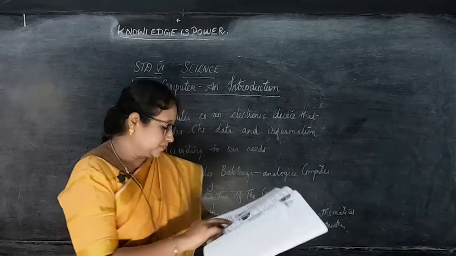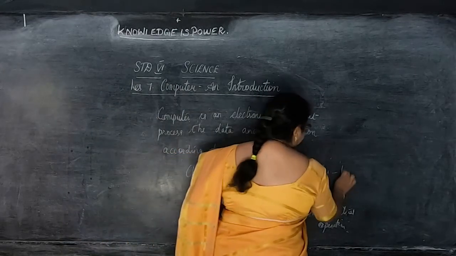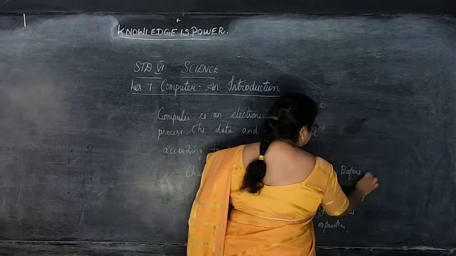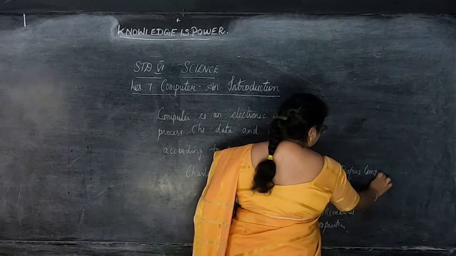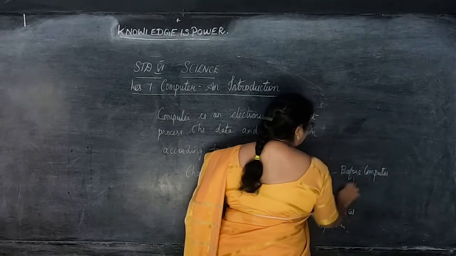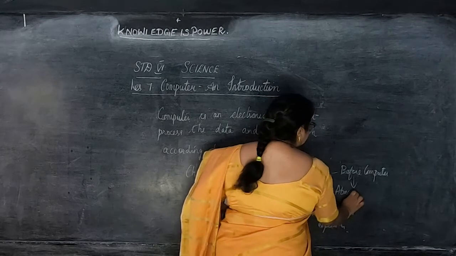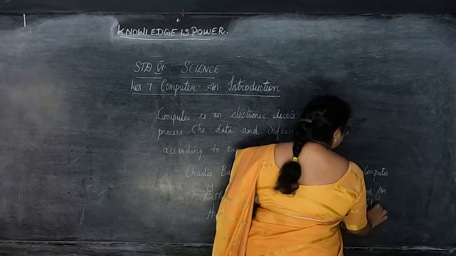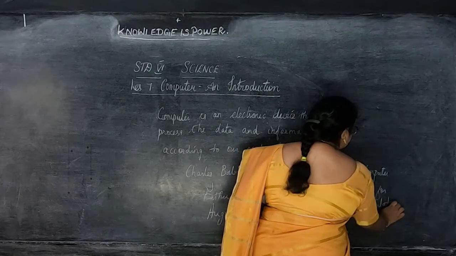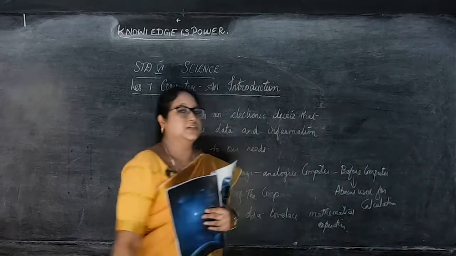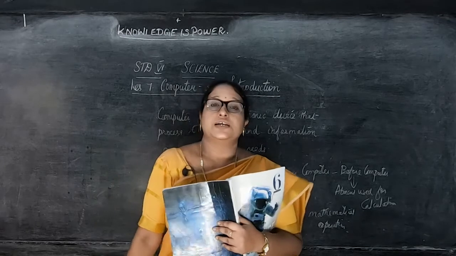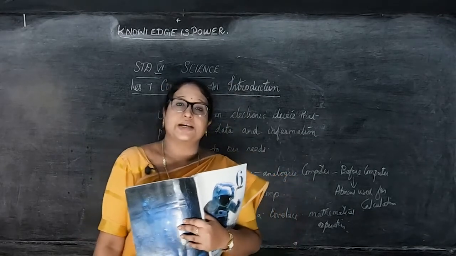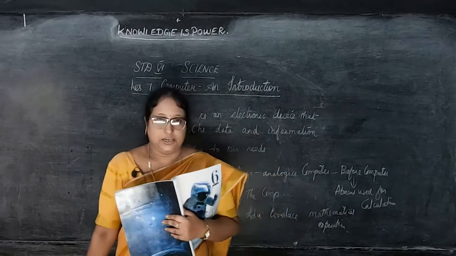Okay, children. So before the computer was introduced, what was used? The abacus, used for calculations. Now did you understand, children? Instead of computers, they were using the abacus for calculations.